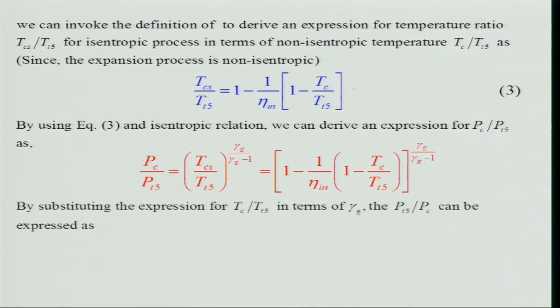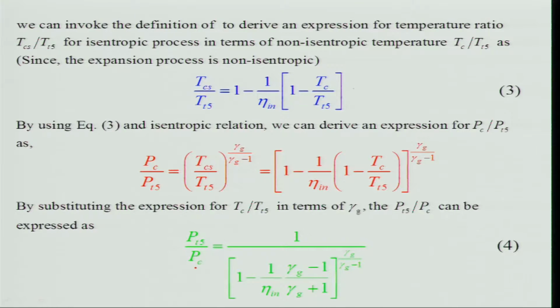Then we can express P t 5 by P c as 1 over 1 minus 1 over eta n times gamma g minus 1 over gamma g plus 1, raised to the power gamma g over gamma g minus 1. We can get this expression because eta n is known and gamma is known. Once you know this, you can find out whether it is choked or not choked.